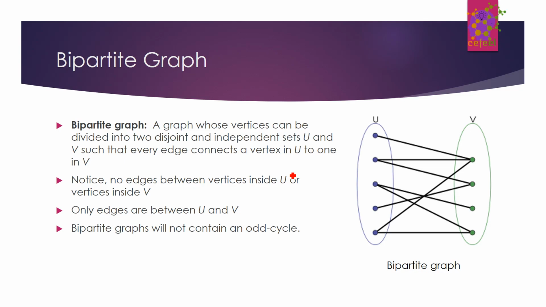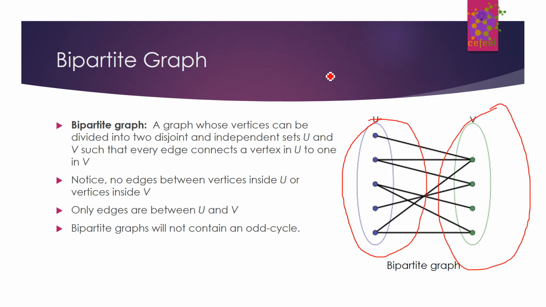Next, bipartite graph. A bipartite graph is also a special graph where the vertices can be divided into two sets which have a special property: these sets are independent, which means if we take any two vertices within a set, there will not be any edges between them.